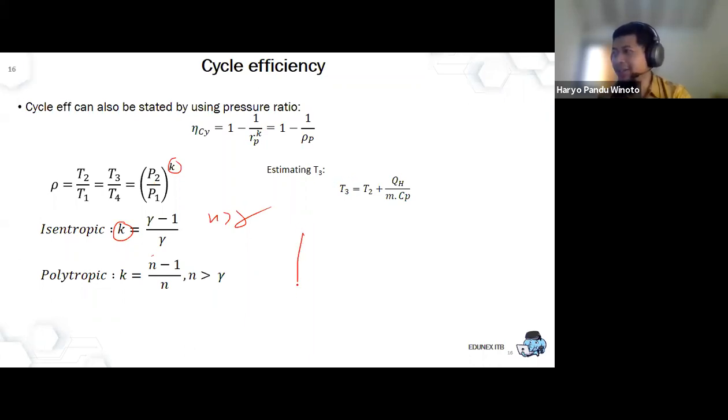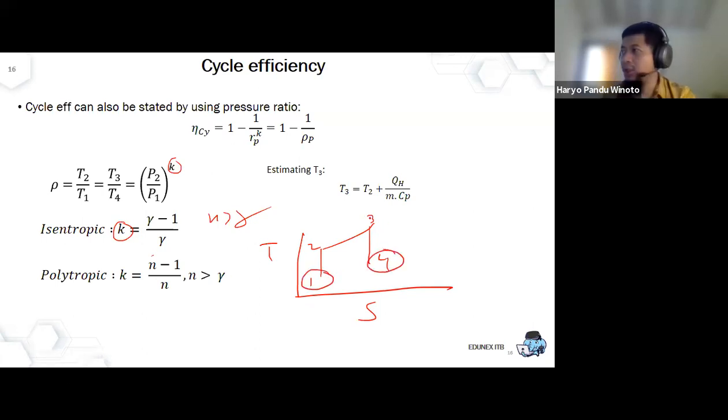In a very real turbine application, here we have S, we have T, we have something like this, 1, 2, 3, 4. Let me be honest with you, we only know this one and this one only. We do not know this T3 and T2.